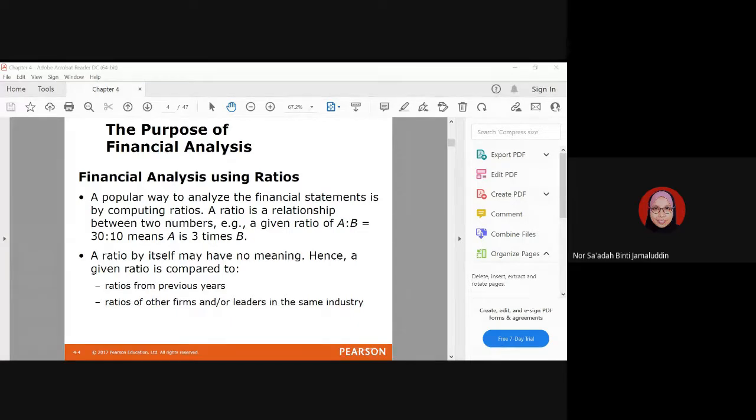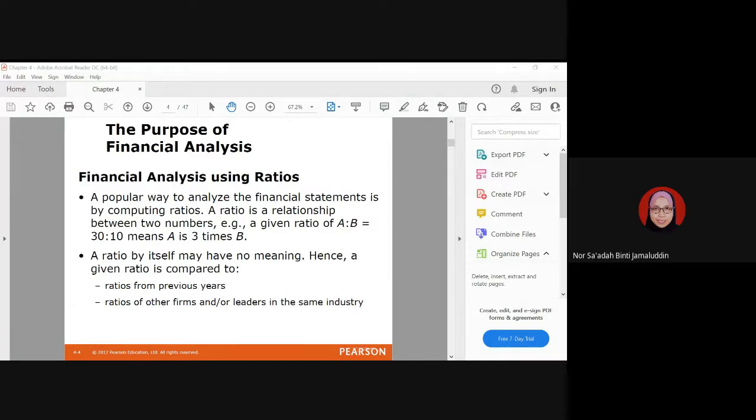Maksud dia, A nisbah B equal to 30 nisbah 10, maksud dia A adalah 3 kali daripada B. Means that A tu lebih besar daripada B sebanyak 3 kali. Itu adalah ratio, cara lihat dia, cara nak describe. Ini adalah contoh secara umum. So nanti bila dapat the real financial analysis, kalau kita nak calculate by ratio, kita akan tengok lah.